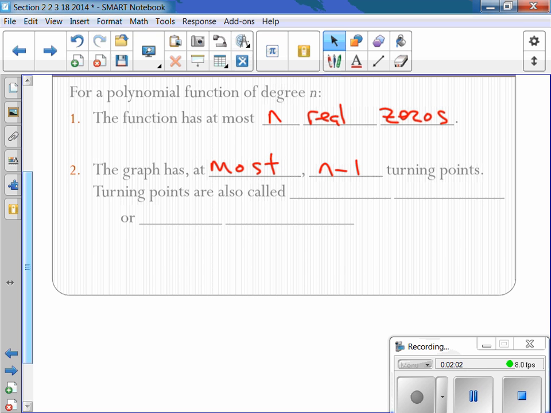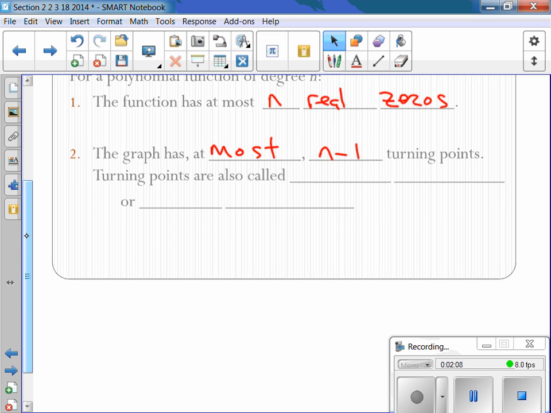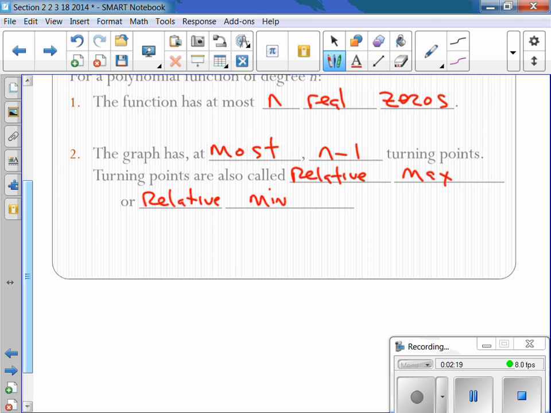Absolutely, as Sean said, it's a relative max, relative min, where it's going from increasing to decreasing. That's all that turning point is, and at most, I can't have anything greater than n minus 1.